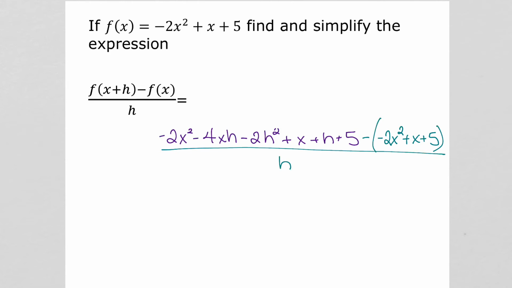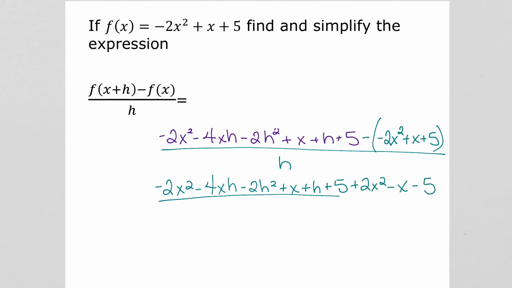And what we have to do from here is just simplify. So I'm going to distribute the negative down there at the end, so plus 2x squared minus x minus 5, all over h. And if you'll notice here, several things cancel out.